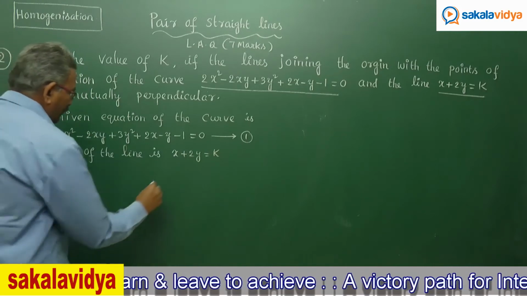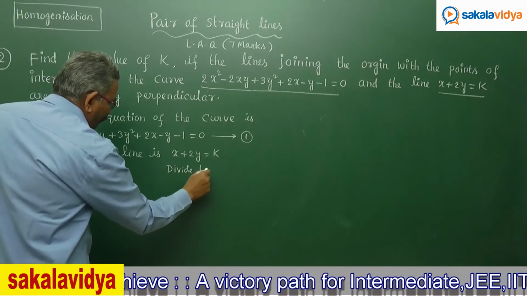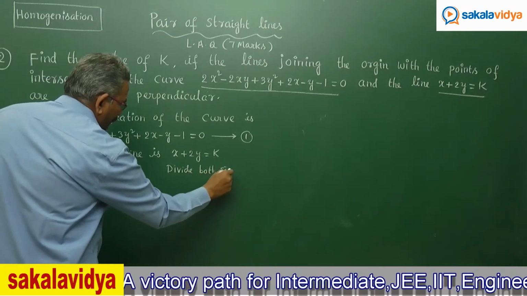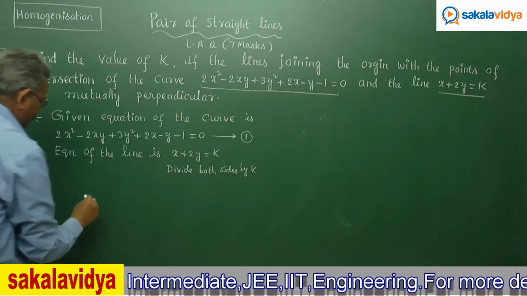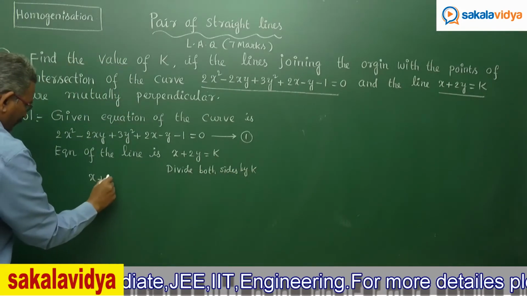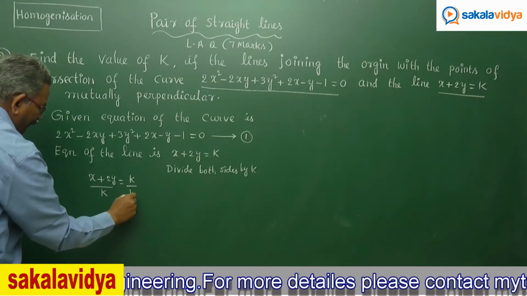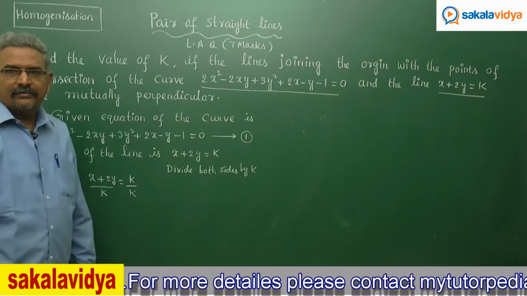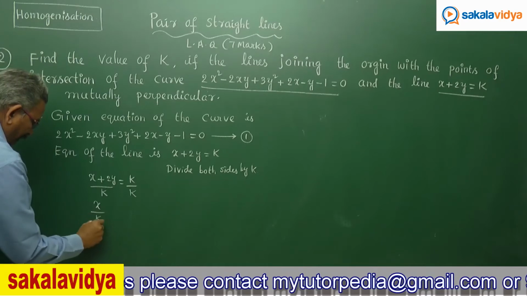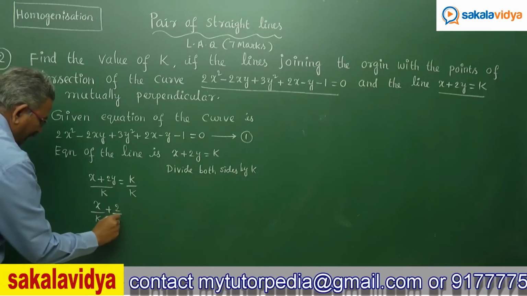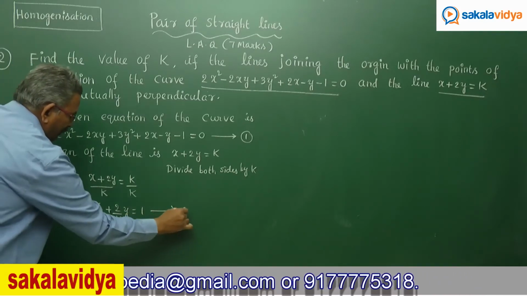We get x plus 2y by k equals to k by k. Understood? Next we can write x by k plus 2 by k times y is equal to 1. Say this is equation 2.